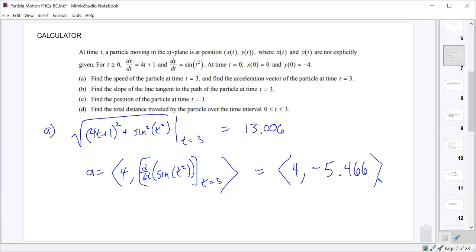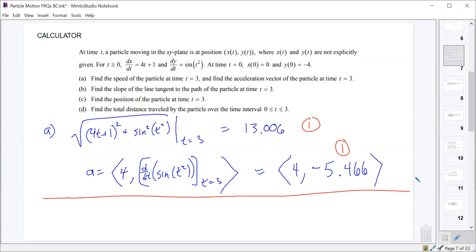Good or no? One point here, 1 point here. 2 points for that one. Any issues there?